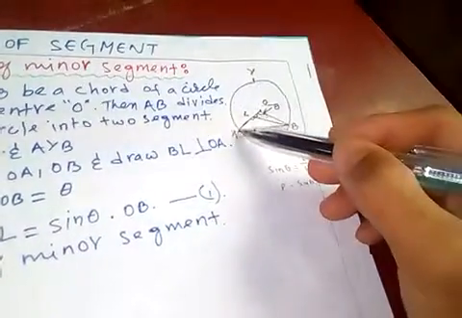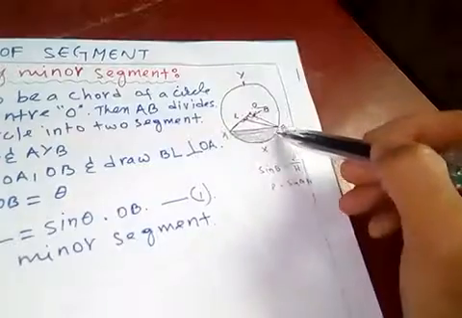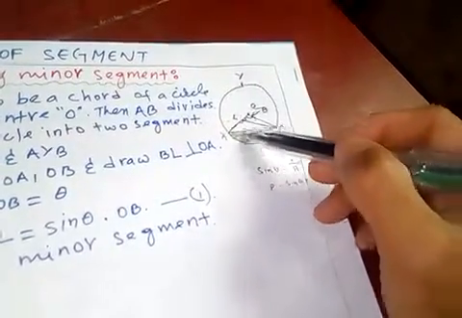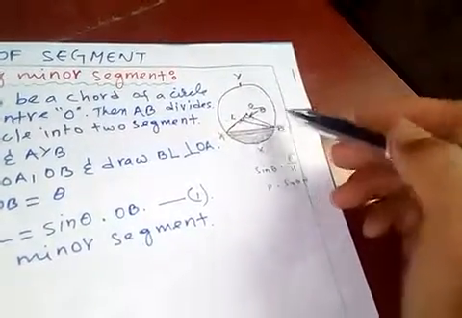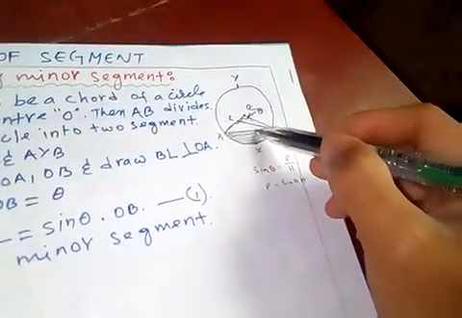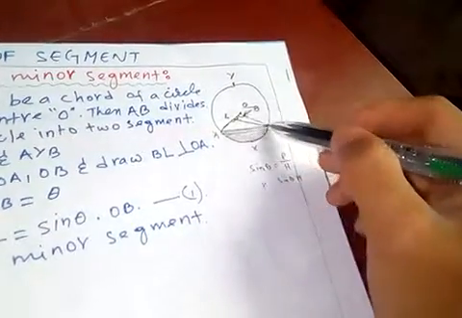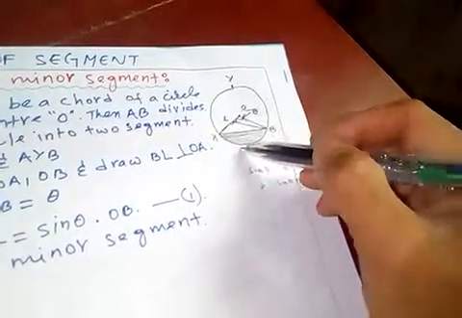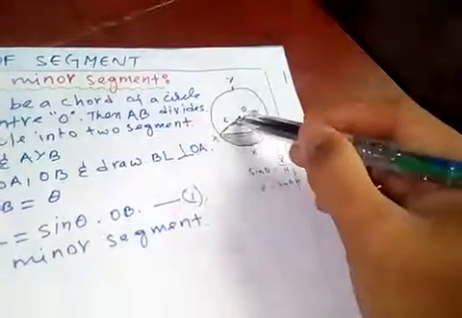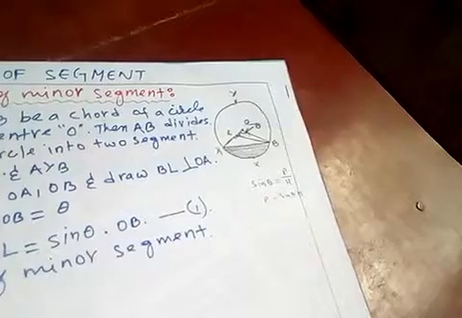We know that this AOBX, this whole term, is the area of the sector, isn't it? And this is a triangle again. So the area of the minor sector minus this area of the triangle, if I take it out, leaves the minor segment.